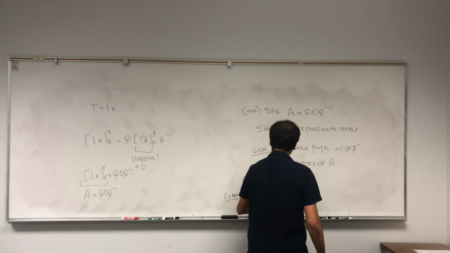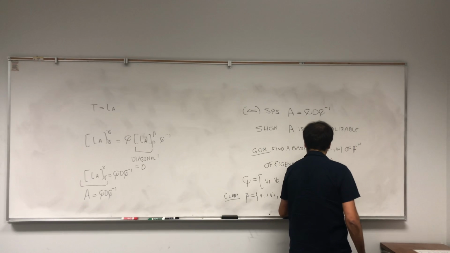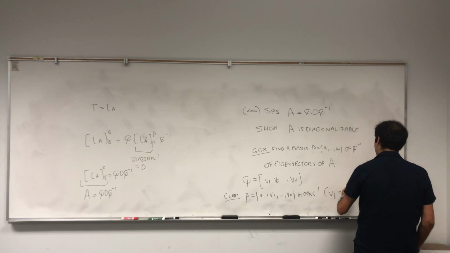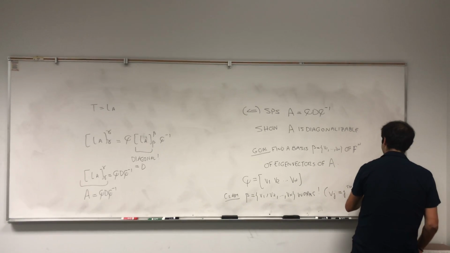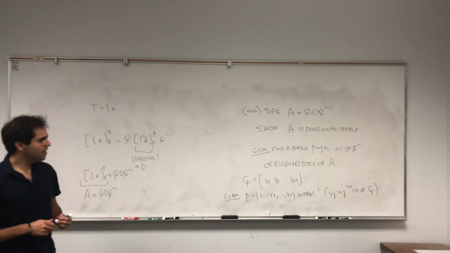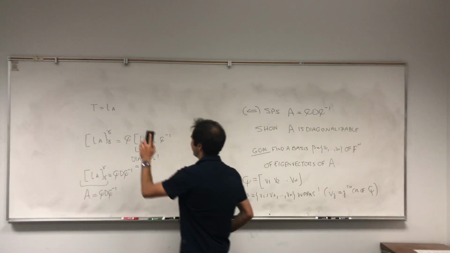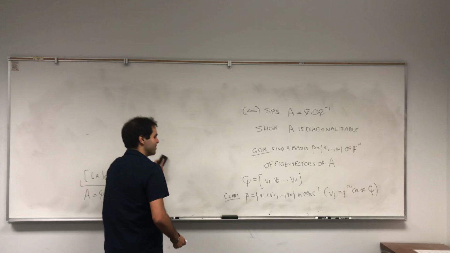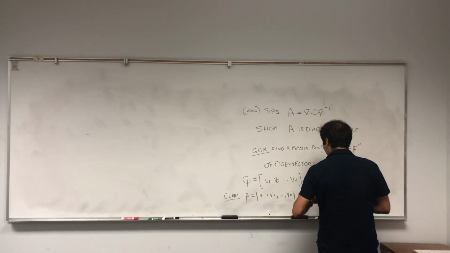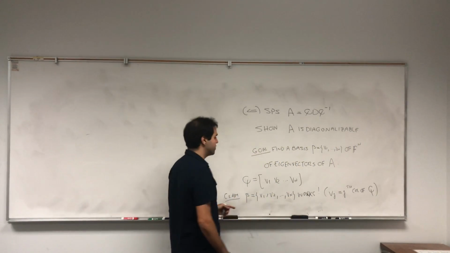So beta is v1, v2, up to vn, where vj is just the jth column of Q. All right, first of all, why is this a basis?